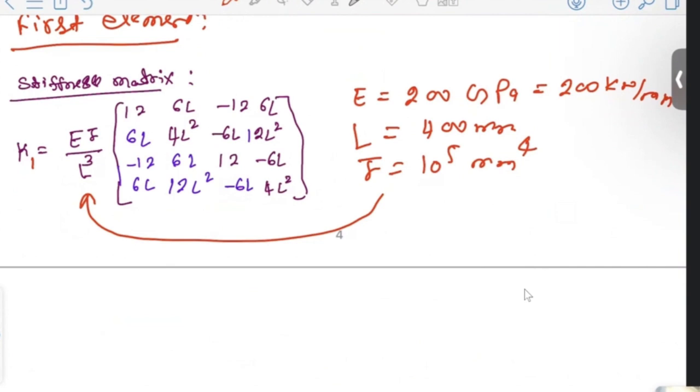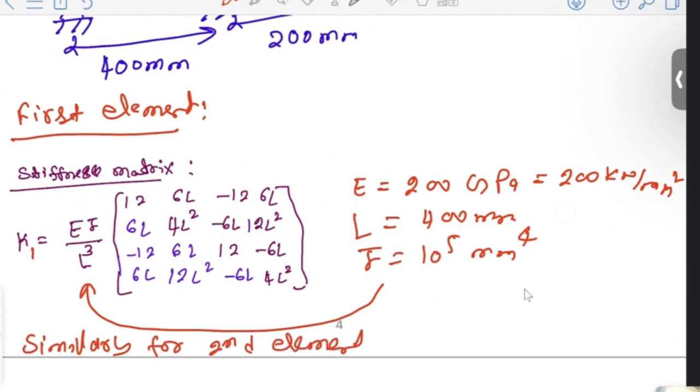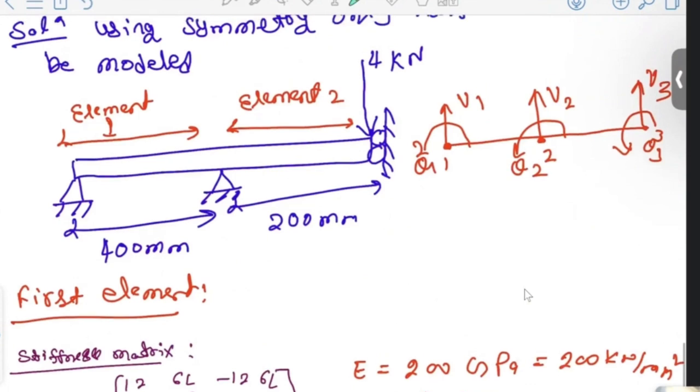Similarly for the second element, we only have to take care that the length will be 200 mm, because this is our second element.